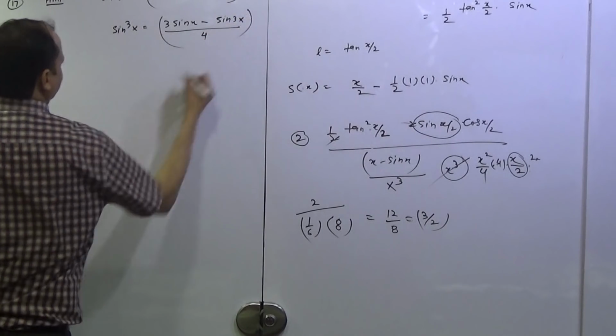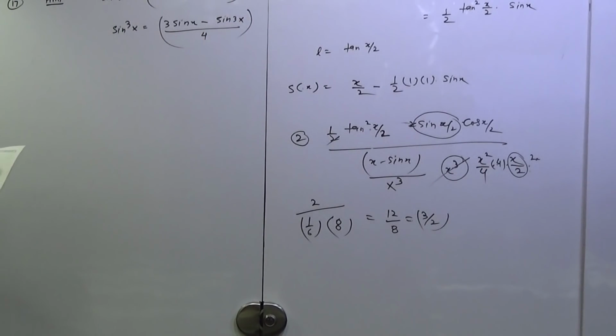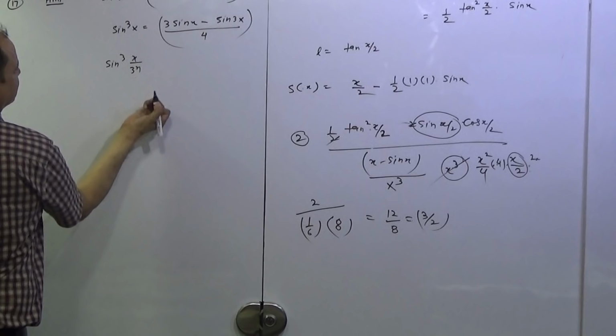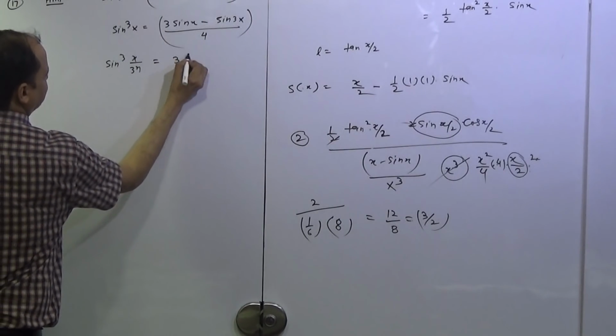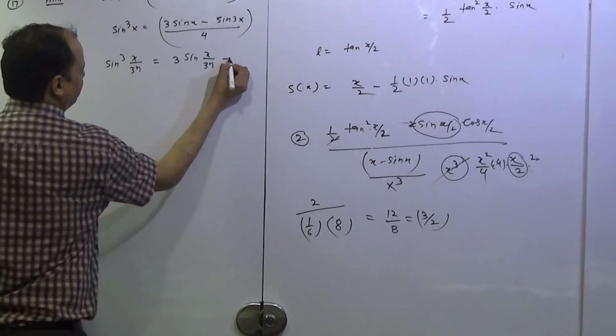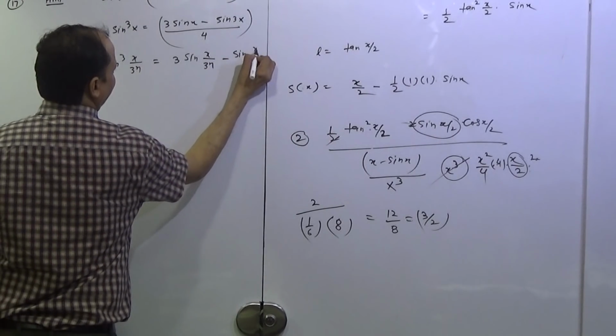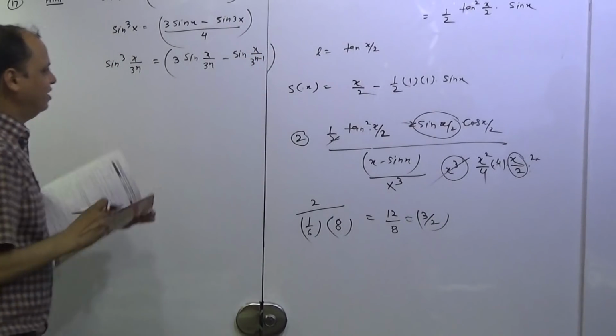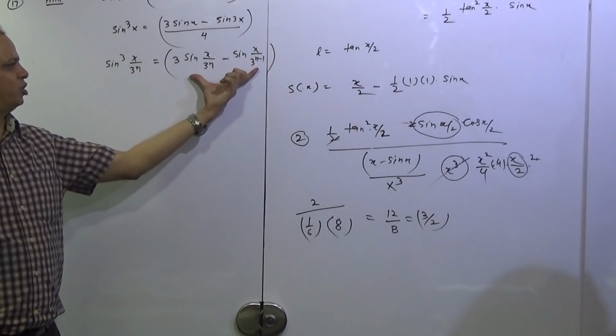Just instead of sin cube x by 3 raised to power n, substitute 3 sin x by 3 to the power n minus sin x by 3 to the power n minus 1. You can see it clearly that this is becoming telescopic.